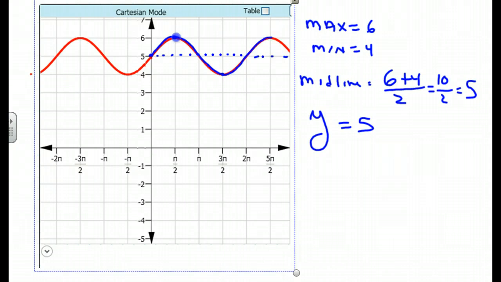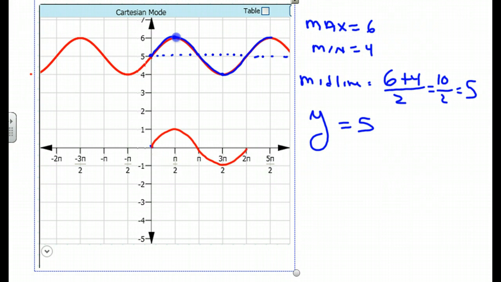But the equation of the midline tells us how much this graph has been shifted. In this case, normally the equation of the midline is y equals 0. The sine curve would be down here if we were to draw it, and it would come up like this and go down to here and come up. And notice that the midline is y equals 0.